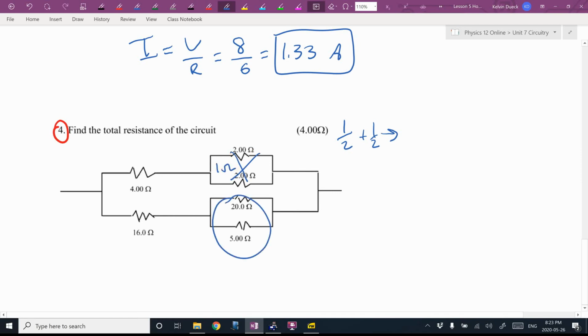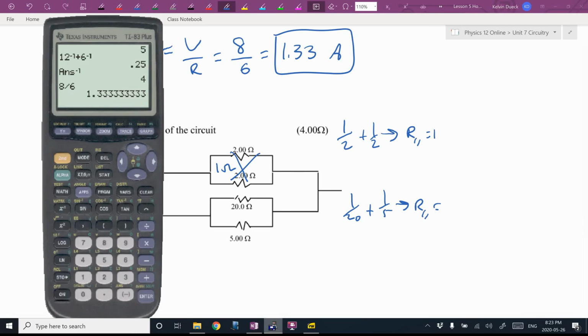These two are in parallel. If I go 1 over 20 plus 1 over 5, reciprocal, four.